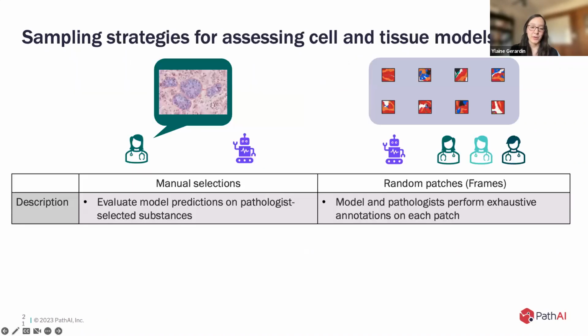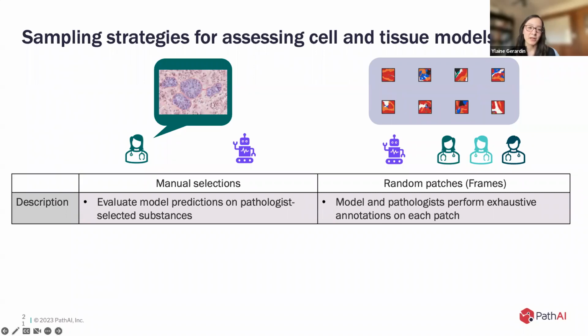There are 2 approaches that we have taken to this sampling, and I'll lay them out here along with some pros and cons. The first one is manual selection. We have a pathologist look at these whole slide images and identify substances of interest. Here, the pathologist has identified melanoma, areas of cancer within a slide.